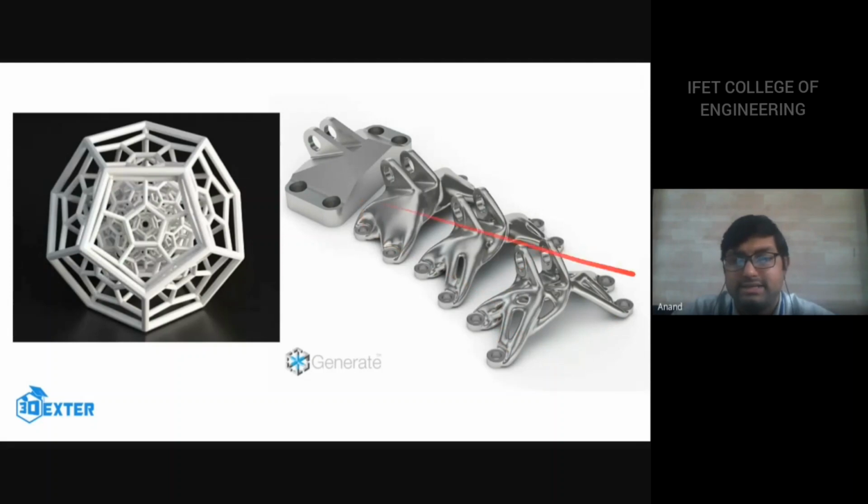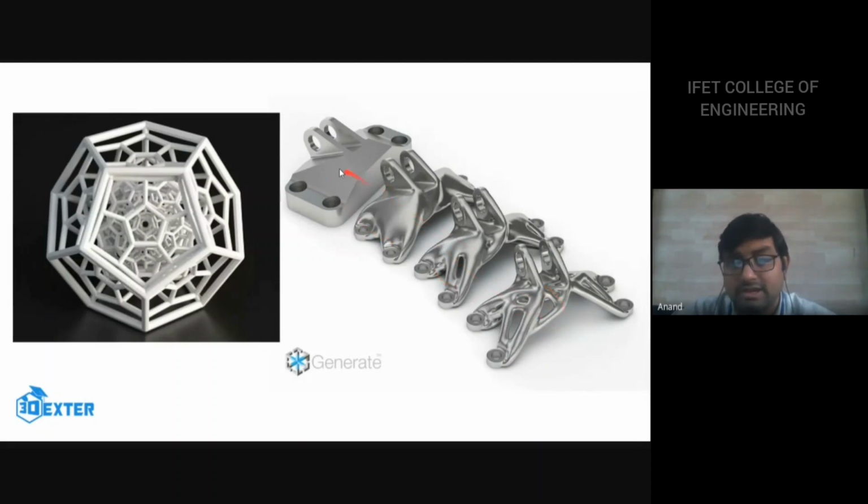The final product that you see here can be produced only by 3D printing. In these areas, 3D printing is helping the aeronautical and rocket industry make lighter parts. You can see the weight is hugely reduced because the material has been removed.